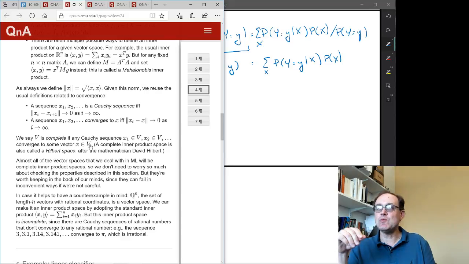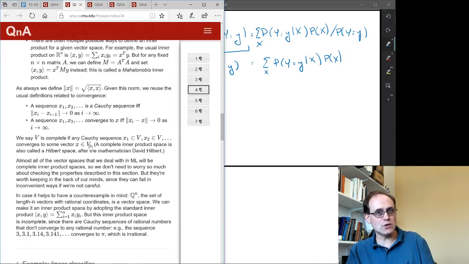In the same way that the set of rationals isn't complete, the vector space Q^n is not complete. What do I mean by that? We can take a sequence of rational numbers like 3, 3.1, 3.14, and continue that out in such a way that it converges to the real number pi. But pi is not a rational number. It's not contained in Q. And so Q is not complete.